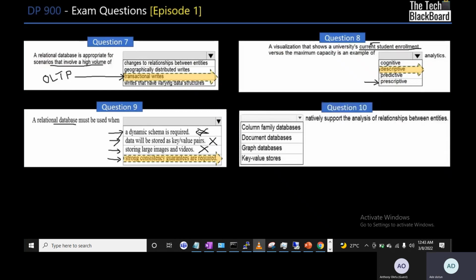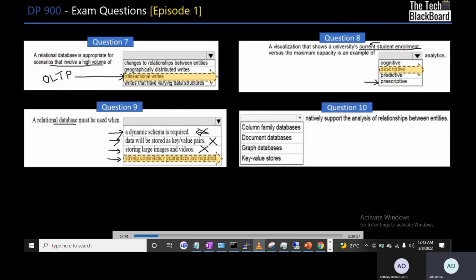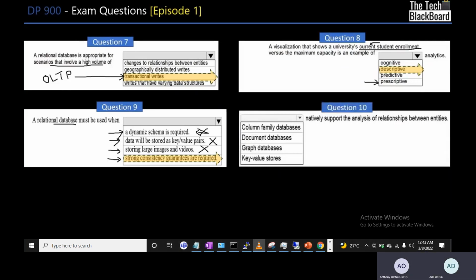Just like number 7, explaining globally distributed right. When we get to graph database, you see something that says natively support analysis of relationship between entities. Number 7 explains globally distributed right too. We were talking about this in question 8, when we were deploying it, we saw it.